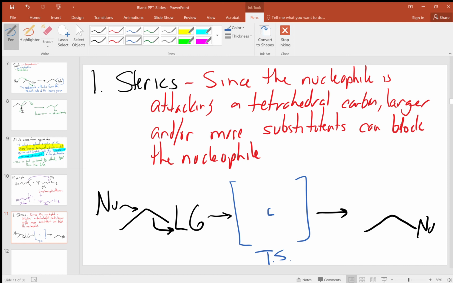So here's the carbon that has the leaving group on it. That carbon, in addition to the leaving group, is bonded to a methyl group and 2 other hydrogens.